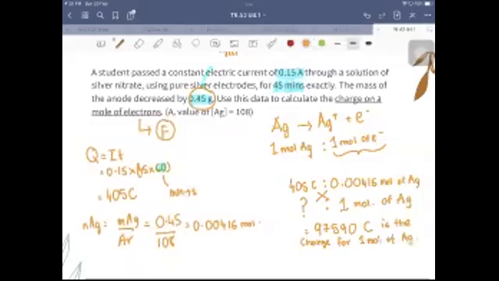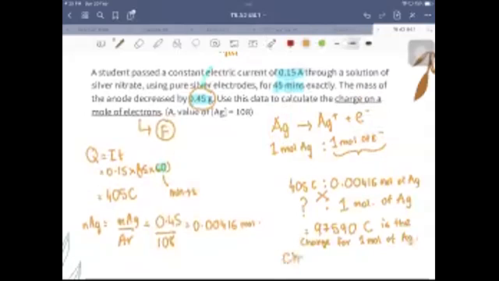But the question is asking for the charge on 1 mole of electrons, which is this number, since to use 1 mole of silver requires 1 mole of electrons, so the number is the same because of the 1-to-1 ratio.